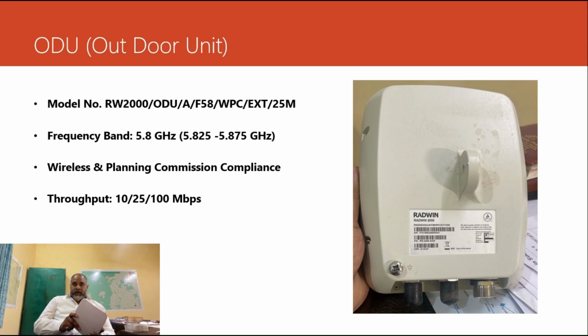RW2000 is the make and model of this device. ODU and EXT mean this is an outdoor external device. A stands for Alpha series equipment. Alpha is one of the models of this Radwin 2000 equipment. F58 indicates the 5.8 gigahertz frequency band, and 25M denotes 25 Mbps throughput.